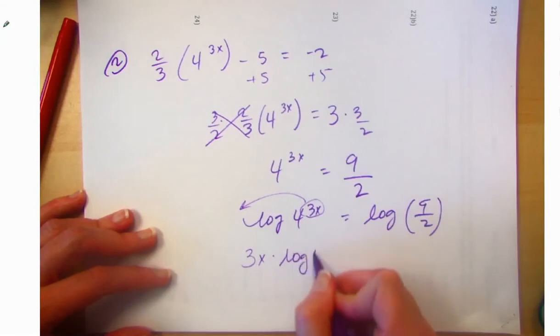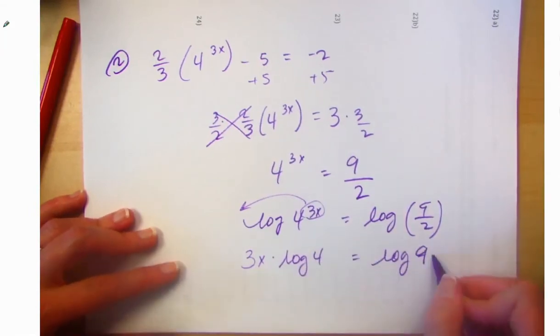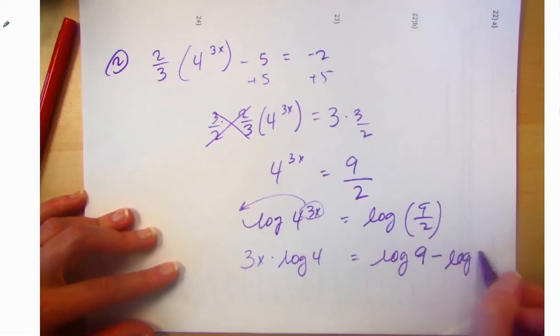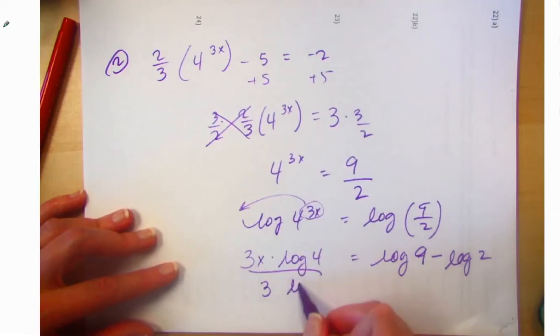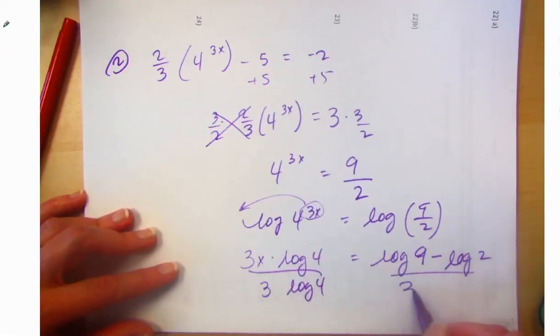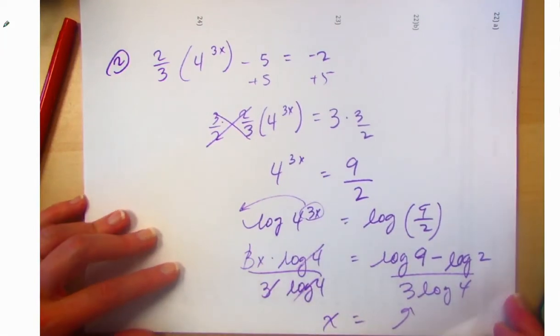So 3x log 4 equals log 9 minus log 2. And then we will divide both sides by 3 log 4. Cancel, cancel, cancel, cancel. There's your x right there. All in terms of a logarithm or multiple logarithms.